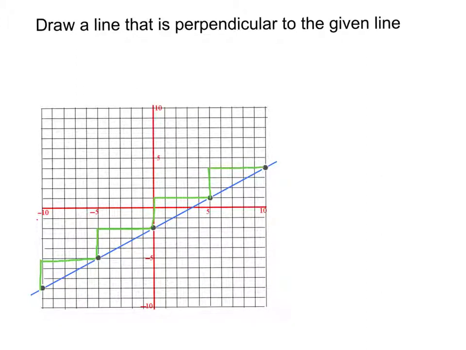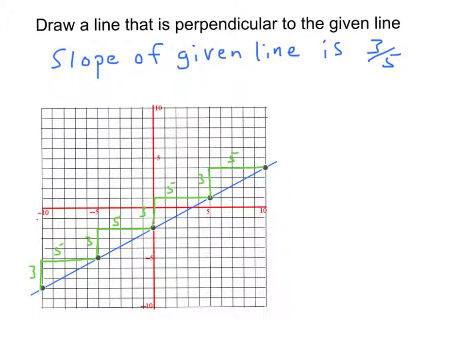So clearly the rise is 3 and the run is 5. Therefore, the slope of the given line is 3/5. And clearly the given line is increasing, so it makes sense that the slope is a positive number, positive 3/5.